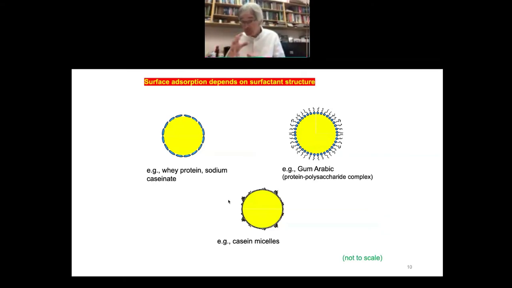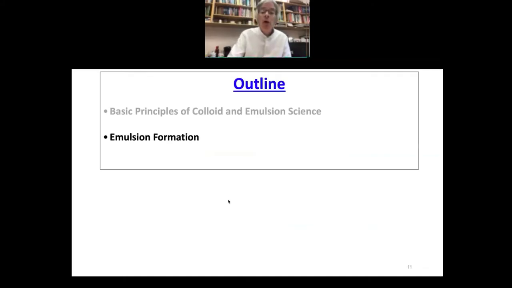And the type of material in the lipid phase and the type of the material in the continuous phase is going to have a big bearing on the properties of those droplets. Okay, so those are just some of the definitions, the basic principles of colloid and emulsion science.